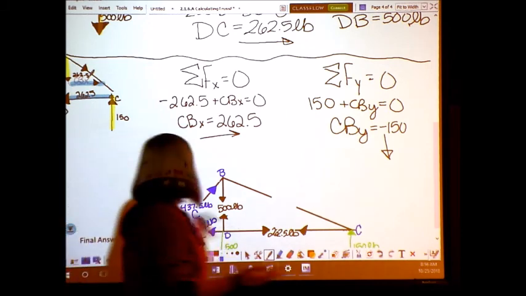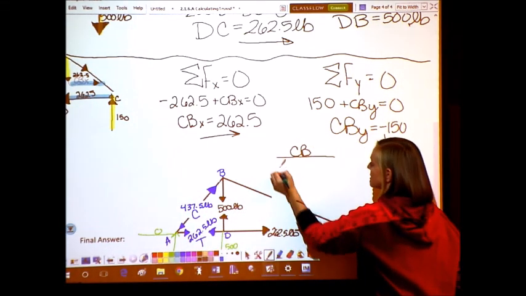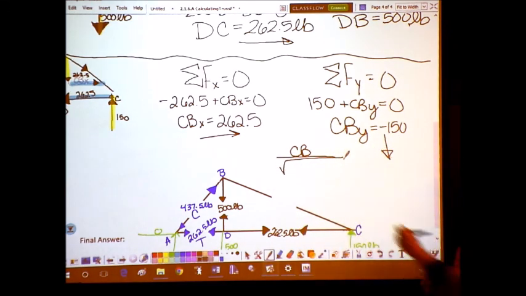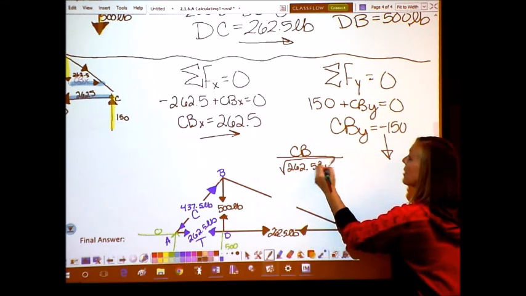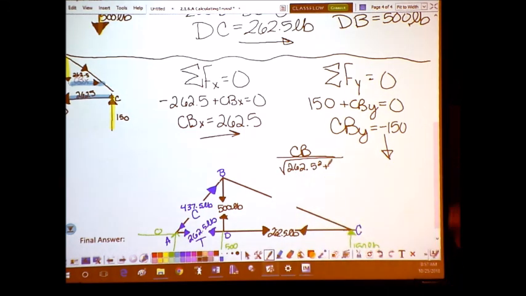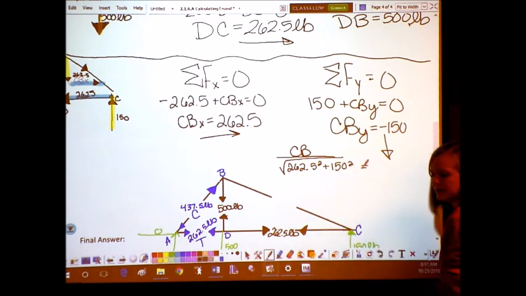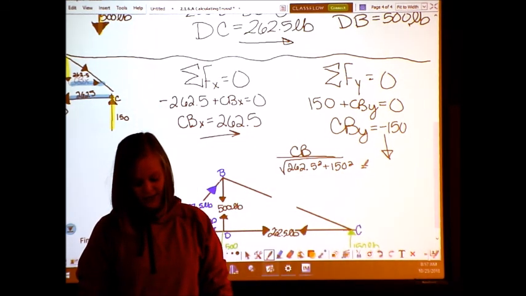That's okay, guys, because it's a right triangle. To find CB, all you have to do is 262.5 squared plus 150 squared. Take the square root of your answer all in one step. It's easier if you do it all in one step, then you're more accurate. How big is CB?